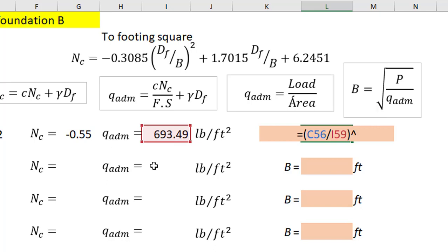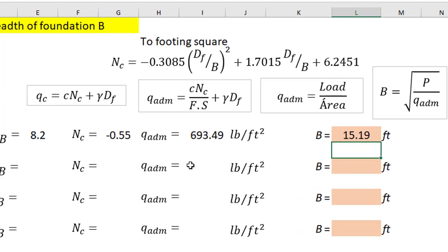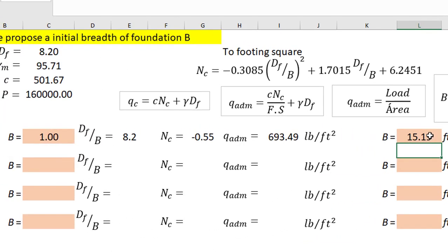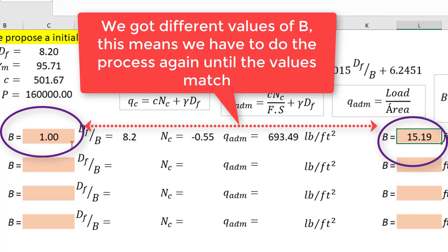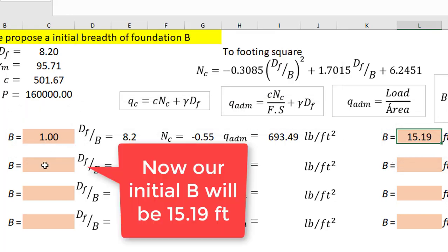Well, it is not equal to the initial B, 15.19.